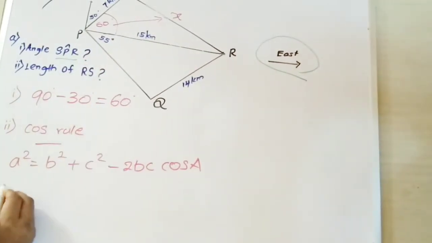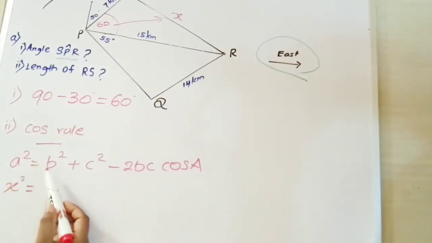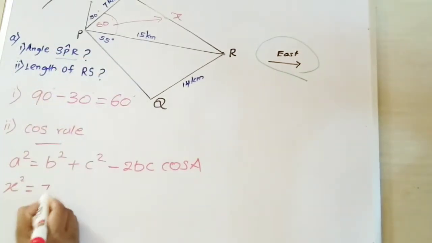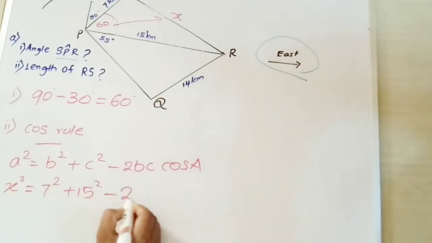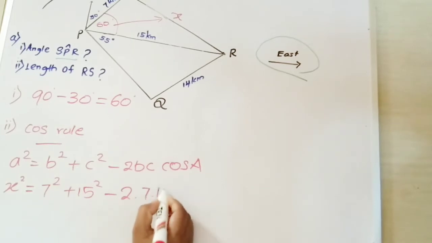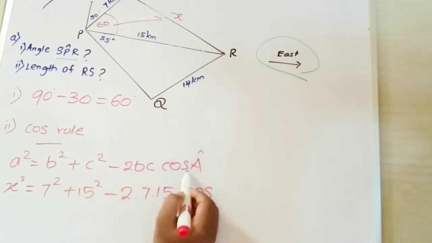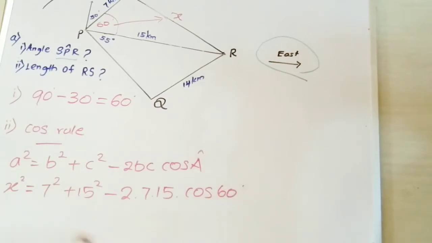Here a is x because that is opposite to the angle. b and c can be 7 or 15, any of them we can take. a should be the side opposite the given angle, and b and c are the other two sides. Angle A is 60.